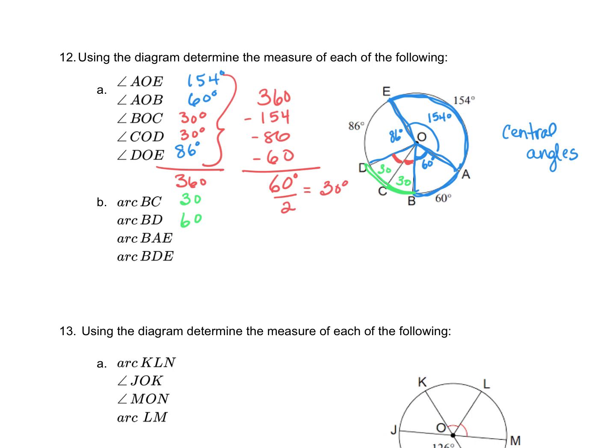BAE, now remember, follow the order of the letters, so BAE encompasses the 60 degree arc of AB and the 154 degree arc of AE. So together we would add these up to get 214.